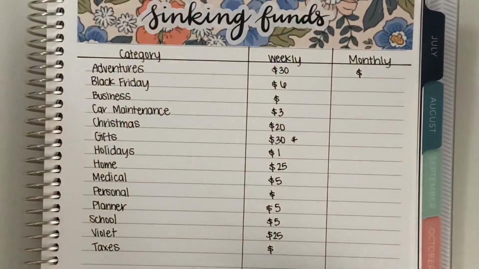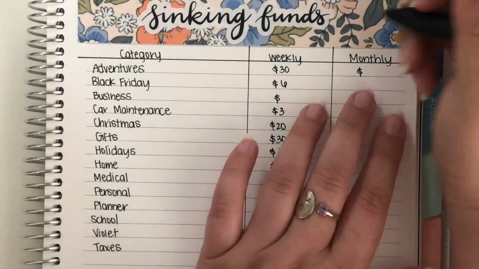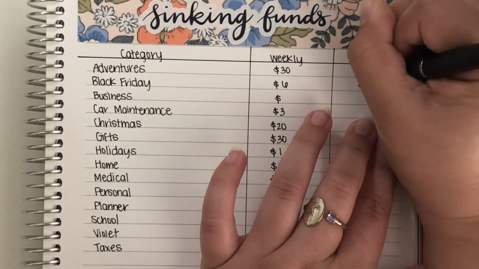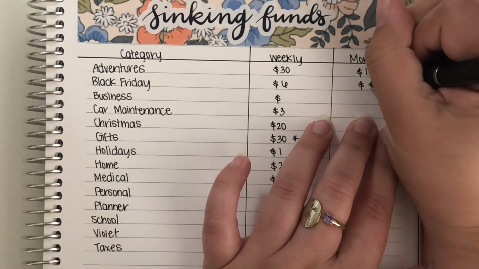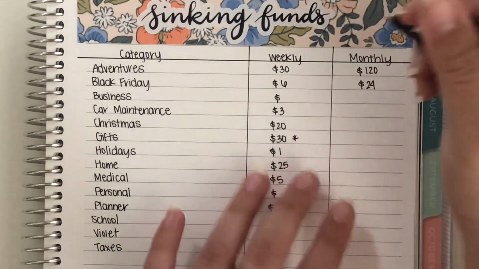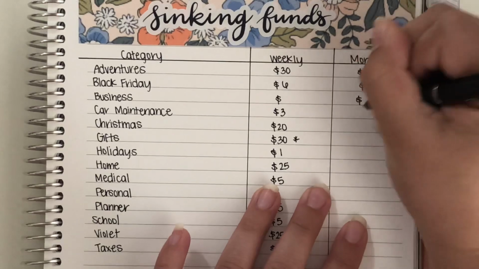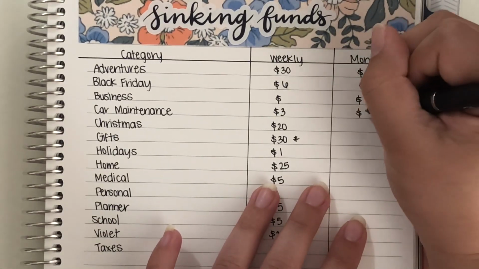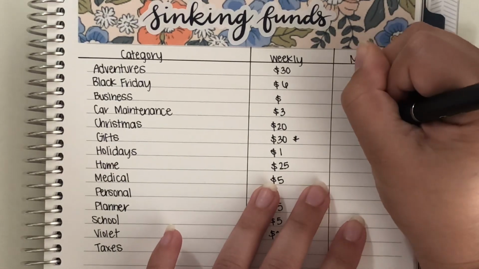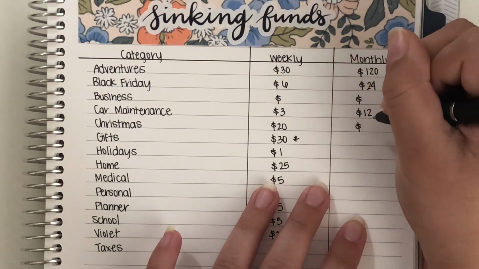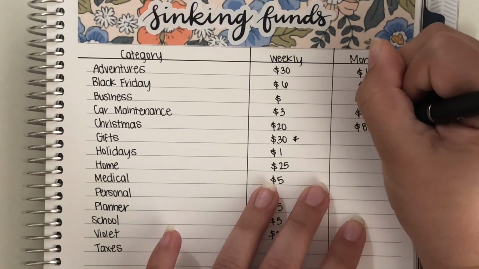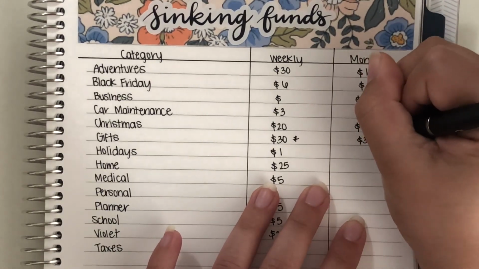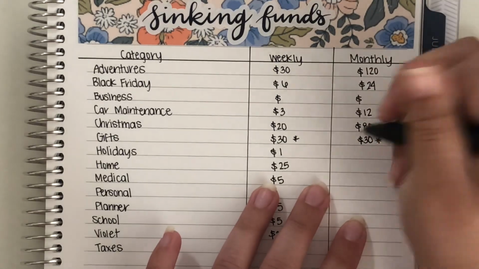So Adventures is getting $120 for the month. Then Black Friday is getting $24. Business, again, we don't know. Car maintenance is getting $12. Christmas is getting $80. Gifts is getting $30, again, because it's just getting it all in one.